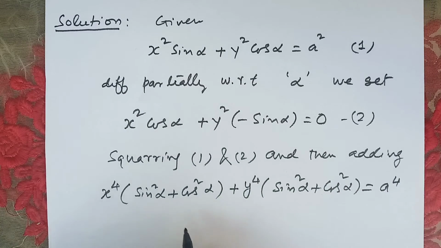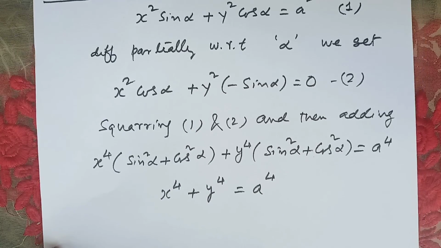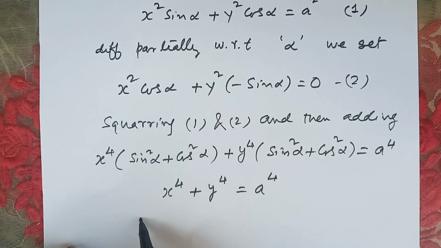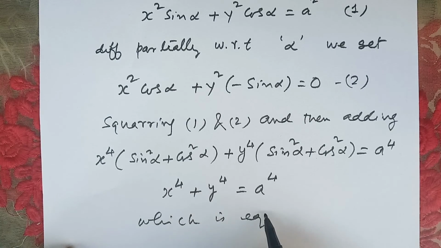Since sin square alpha plus cos square alpha is equal to 1, x to the power 4 plus y to the power 4 is equal to a to the power 4. This is the equation of the envelope.